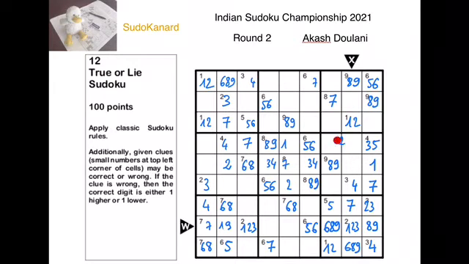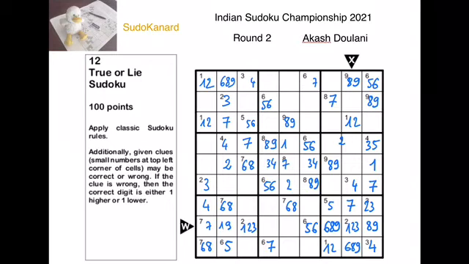So still a 2 here. So maybe I should search for some Sudoku pattern, something like X-wing or something similar.